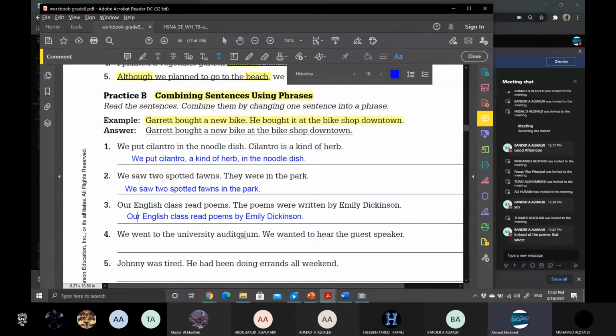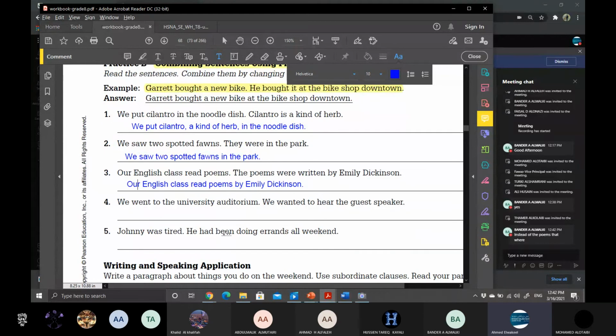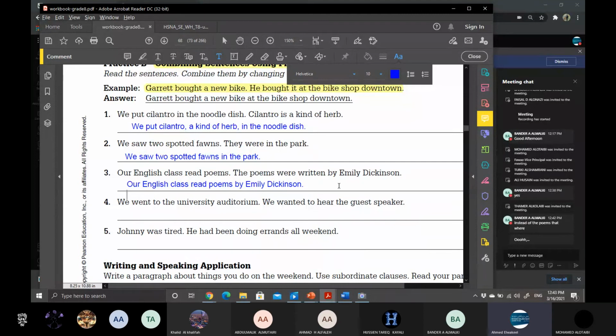Just like that. Our English class read poems by Emily Dickinson. Khalid, we are trying to make a phrase, not a compound or complex sentence. So Khalid here says that we shall say, actually that's good, Khalid, that you said that.